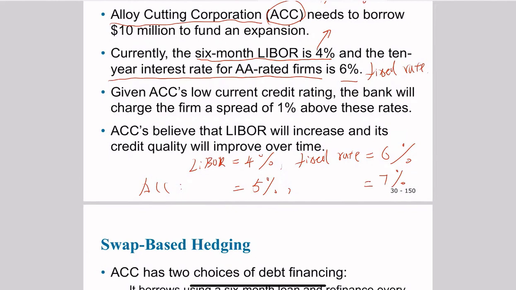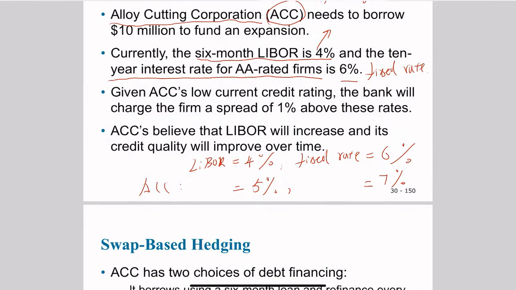Now, ACC believes that LIBOR will increase, and it also believes its credit rating will improve over time. Right? So this is the firm's view about the future interest rate changes. And there are two components here.